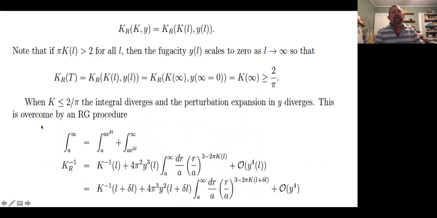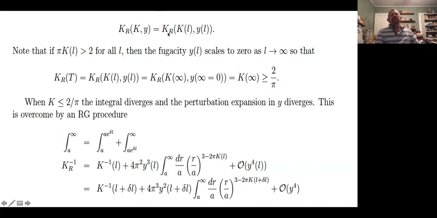Okay, now what are some of the predictions? Now, the renormalized stiffness constant, or the measured stiffness constant, which is related, remember, to the measured superfluid density, depends on the initial value for the coupling constant K and the initial fugacity.